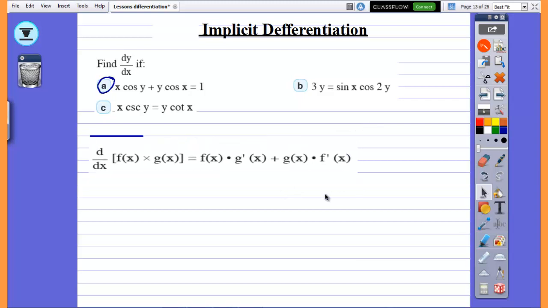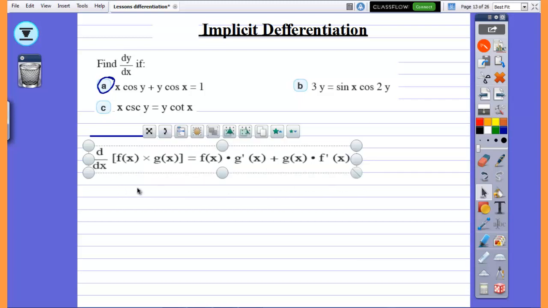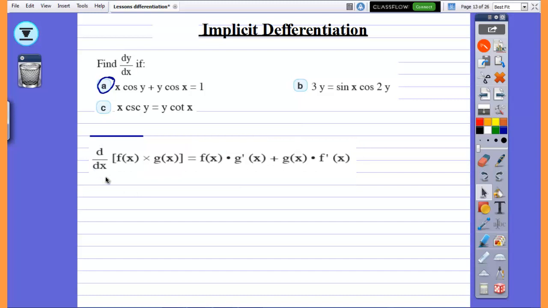If we have the product of two functions, then d/dx of f(x) times g(x) is equal to f(x) times g'(x) plus g(x) times f'(x), which means the first function multiplied by the derivative of the second, plus the second function multiplied by the derivative of the first.